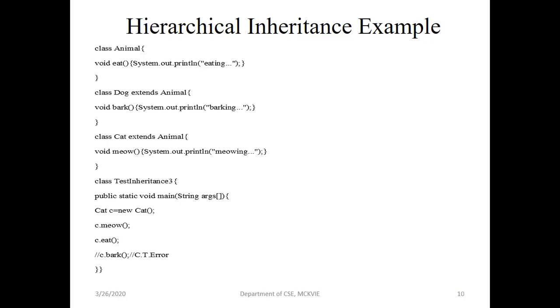So here the method bark cannot be called by the object c, because c is the object of class cat and bark is the method defined inside the class dog, and dog is the sibling class of class cat, because both are children of class animal. So the bark method will not work, it will give you an error. So that's why I have commented this line.